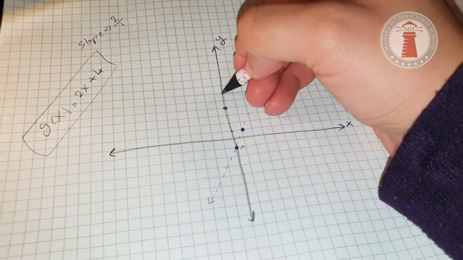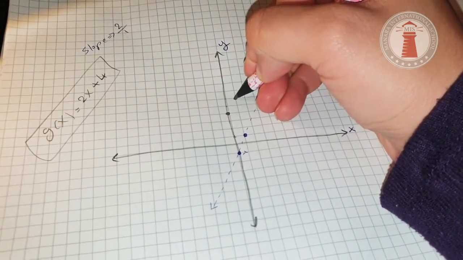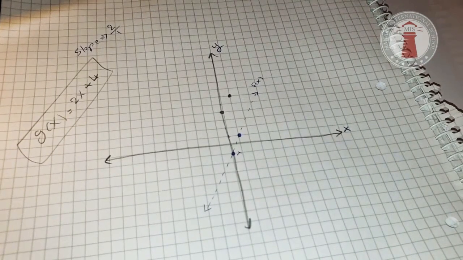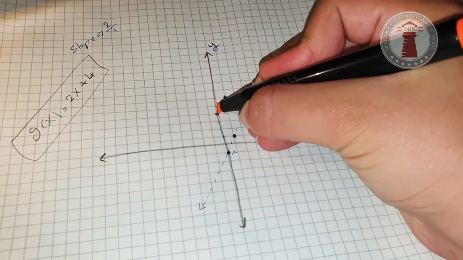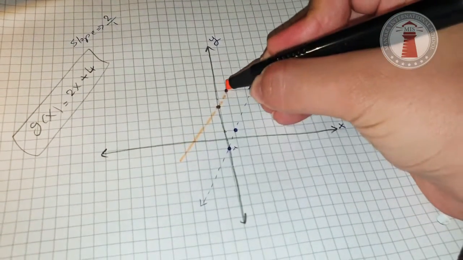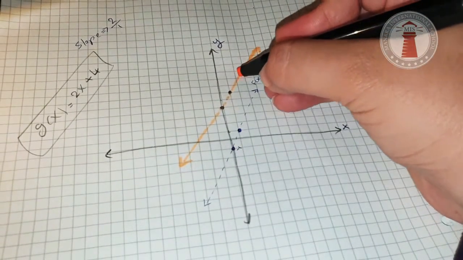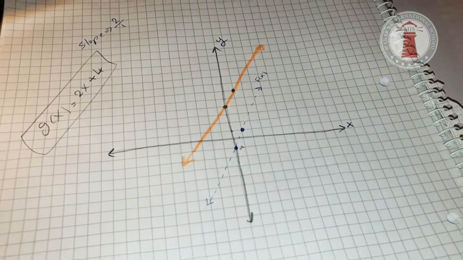So it is 1, 2, and then 1 step to the right, which is right here. So this is our new line. Here, we just connect them, and we can extend the line to infinity. So this is our new line, which is called g of x.